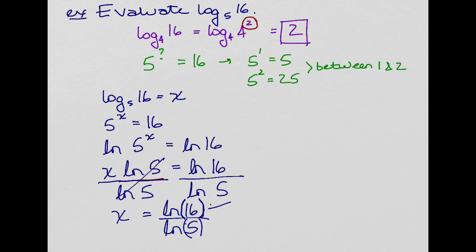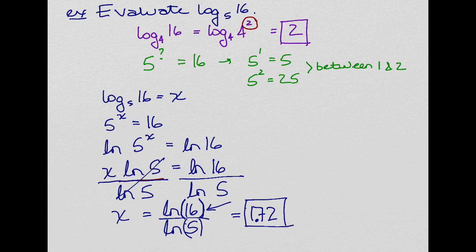So this is one time you do need that closing parenthesis around whatever's in the numerator. Natural log of 16 divided by the natural log of 5 is 1.72 rounded to 2 decimal places, which is between 1 and 2, which I knew is how it ought to turn out. So I believe that. There's the value of log base 5 of 16.